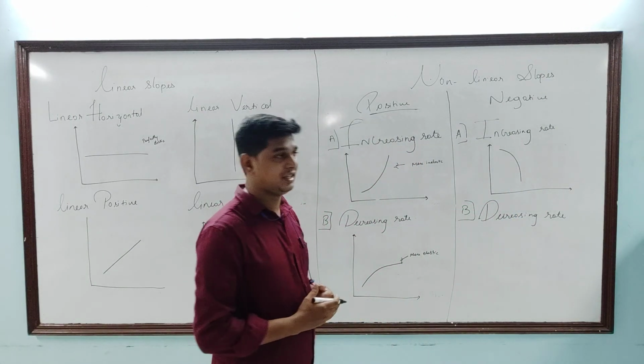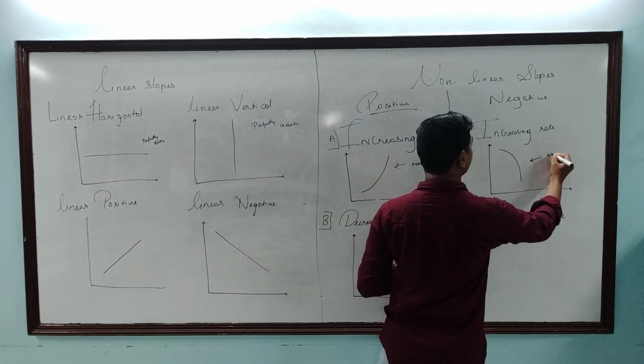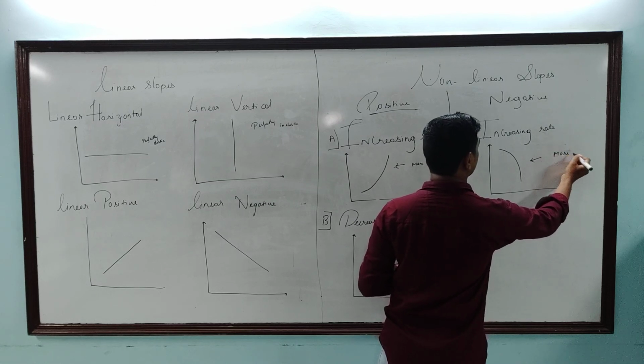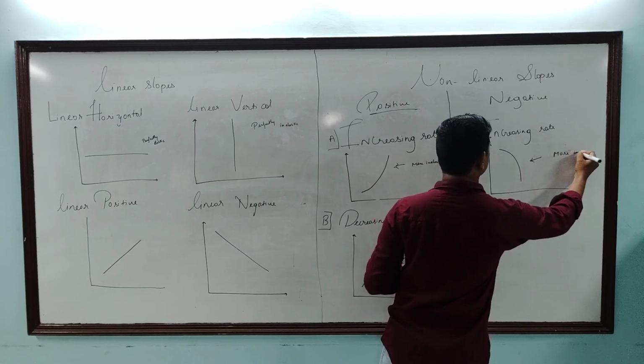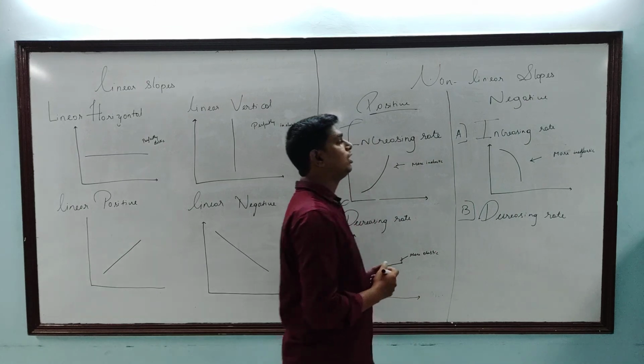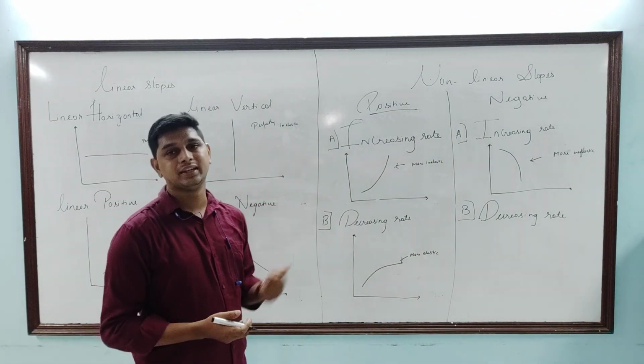Also, we can recognize it at an increasing rate if they tend to become more inelastic. In a way, they tend to become more vertical. So we can recognize that they are at an increasing rate. But again, it's a negative slope.